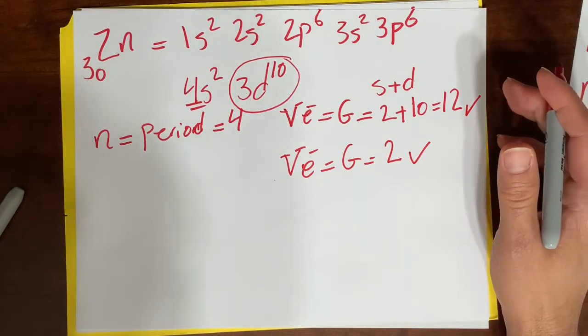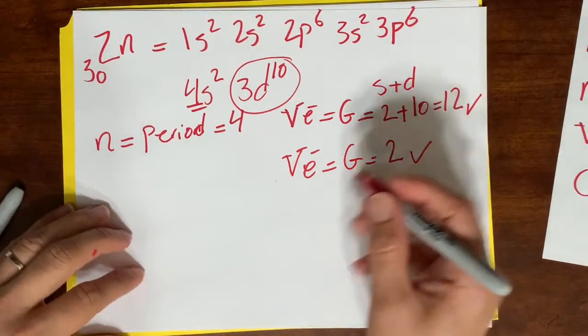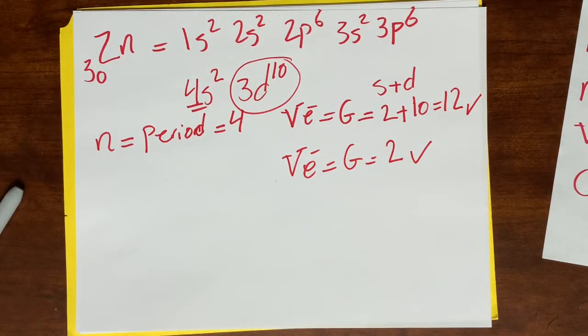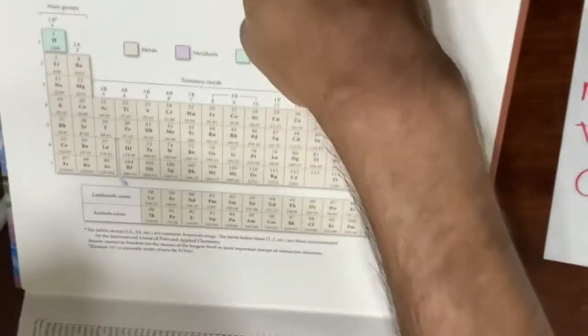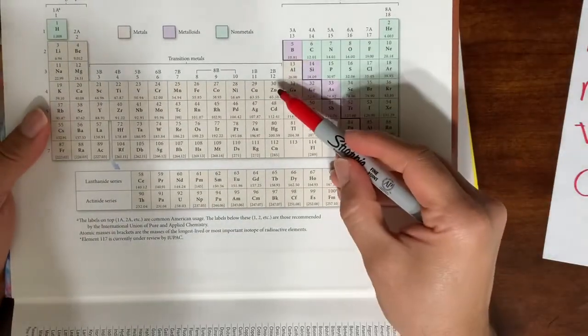If you look at your lab manual, let me check whether I have a lab manual here or not. I don't know whether you can see this one or not.